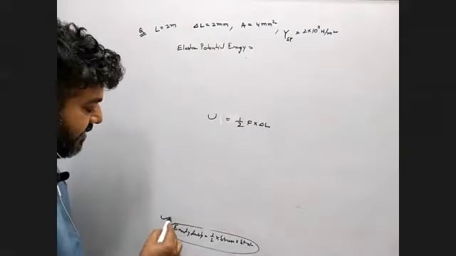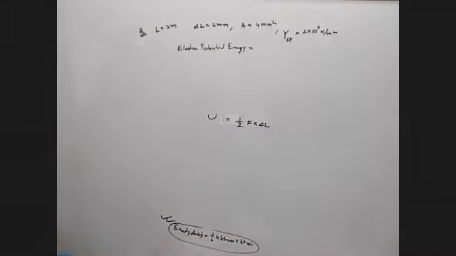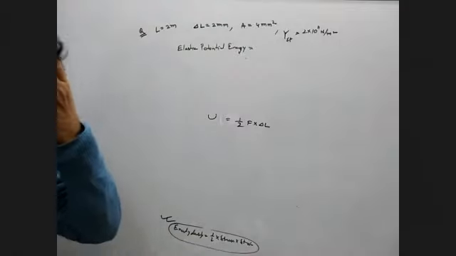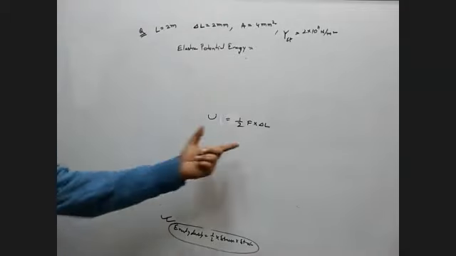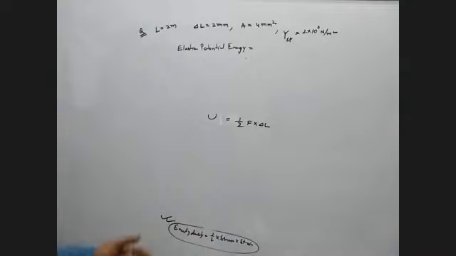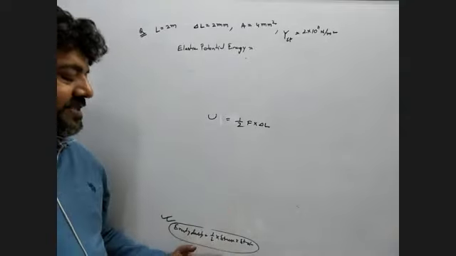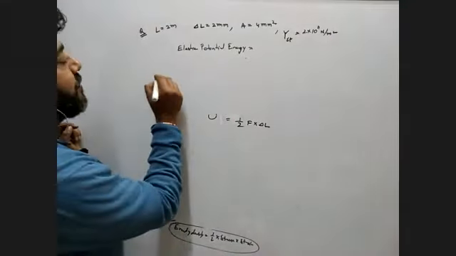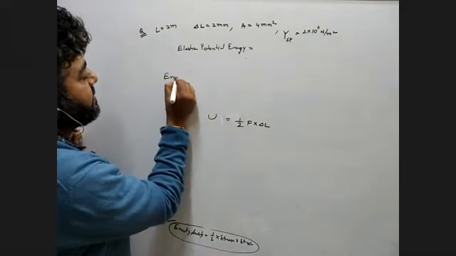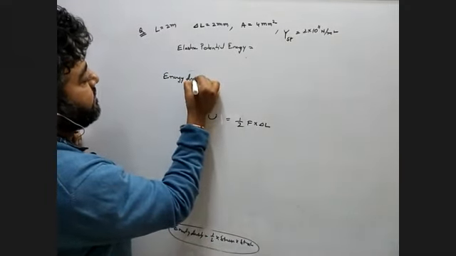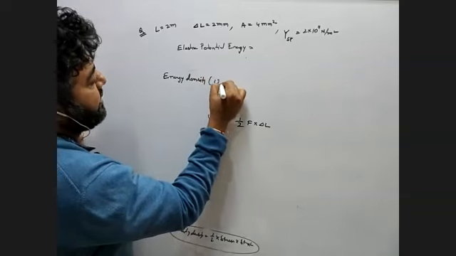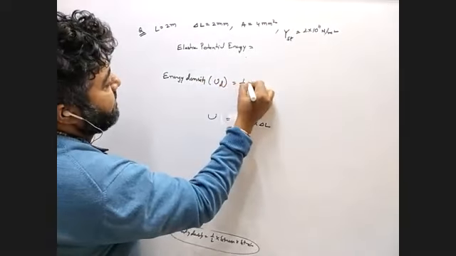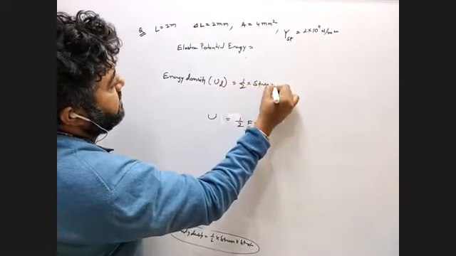So my last hope is energy density. Or you can convert it from here also, but it is better if you use this directly. So we know energy density, which you can write as UD, is half stress into strain.